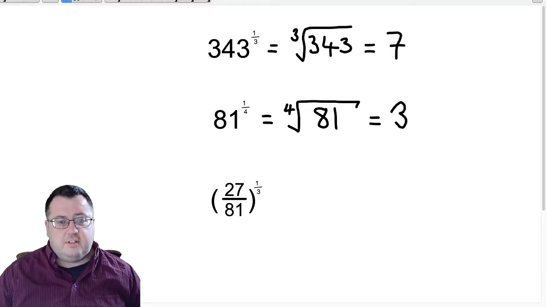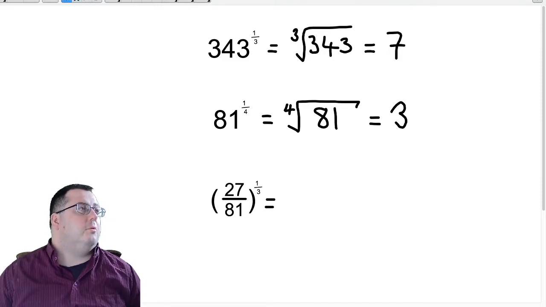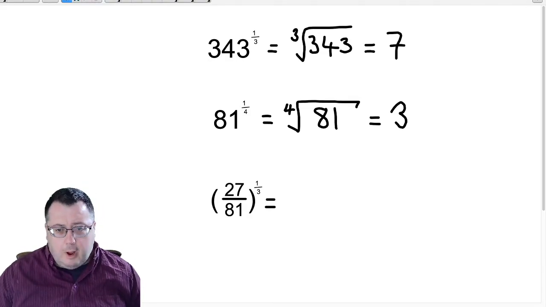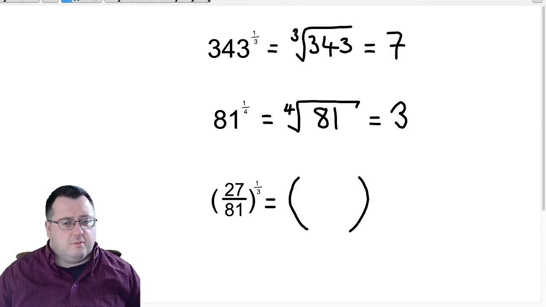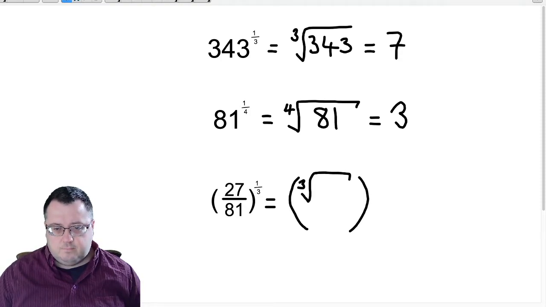Right, and now there is a fraction here. So what do we do with a fraction when there is a fractional power? Well, we'll treat it exactly the same way, but the fractional part denotes the root again, and the root will apply both to the numerator and to the denominator.